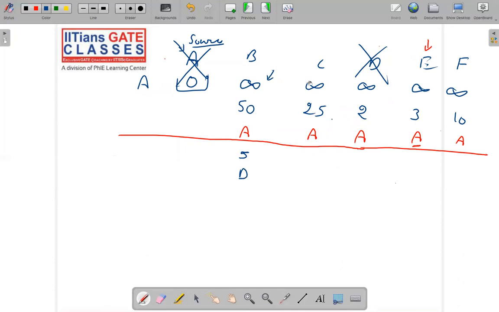Similarly, we will repeat the same step. A to D we already know; A to A is 0, already concluded. Now we concluded that A to D is 2.